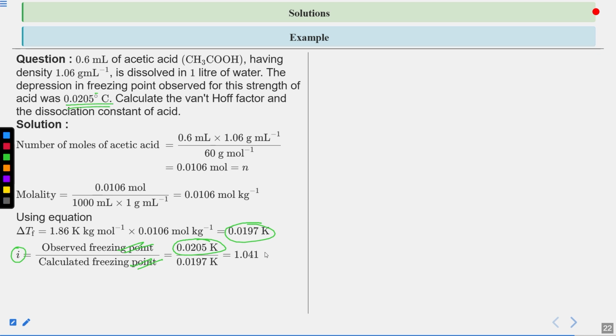So this will give you i value as 1.041. We don't have to worry about unit because delta TF value is a difference, and in a difference we don't consider the unit in case of temperature.